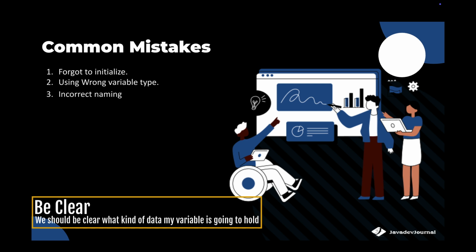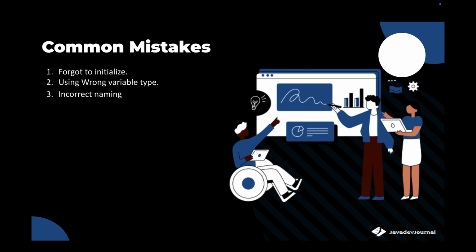And the last one, as we talked about, is incorrect naming. There are two things here. Number one is that your naming is wrong, and the second is more of a convention, where we have to make sure our variable names are clear and meaningful.